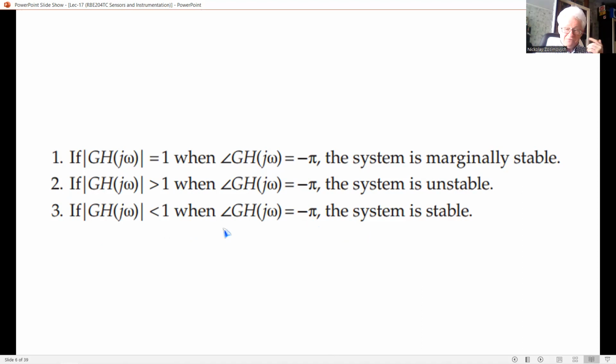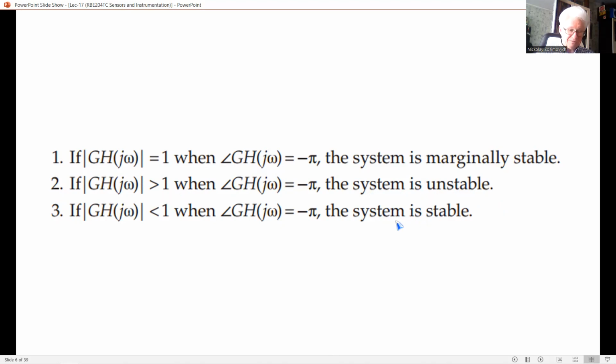So in summary, we may find three situations here. First, when the loop gain is equal to 1, the system is marginally stable. As we already explained, when the loop gain is more than one, the system is unstable, and conversely, when the loop gain is less than one, the system is stable.